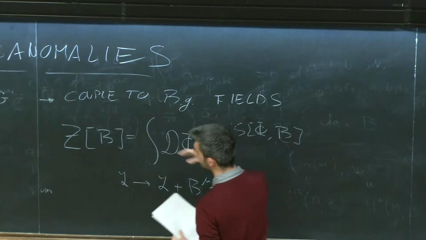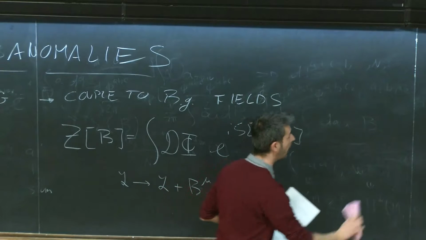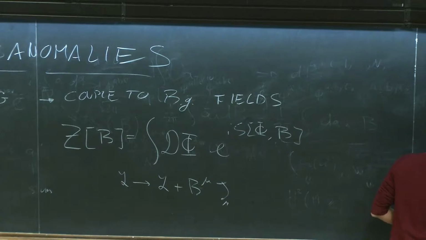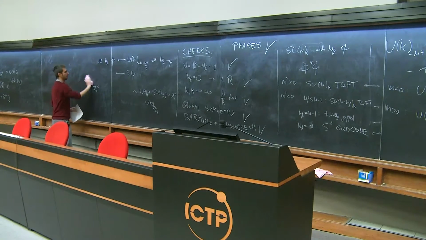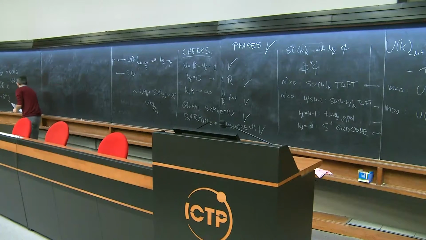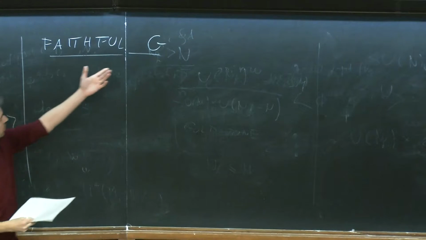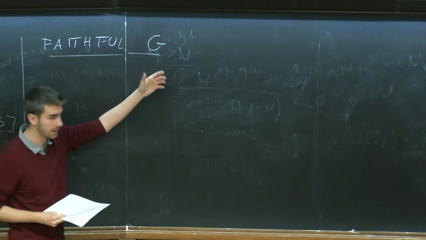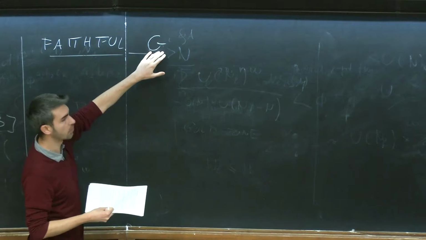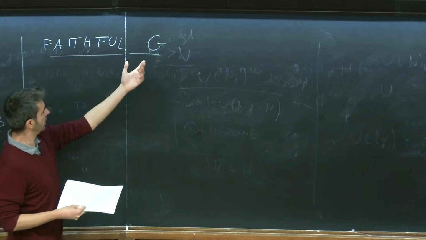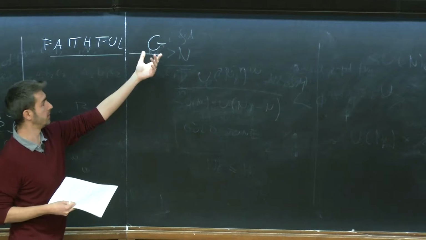Now, when we discuss the symmetry of a theory, it's important or useful to identify what is the faithful symmetry of the theory. And by faithful, I mean that when we say a theory has a certain symmetry G, it means that correlation functions are invariant if we transform all the operators according to G, and so we give a list, if you want, of the group elements in this group.